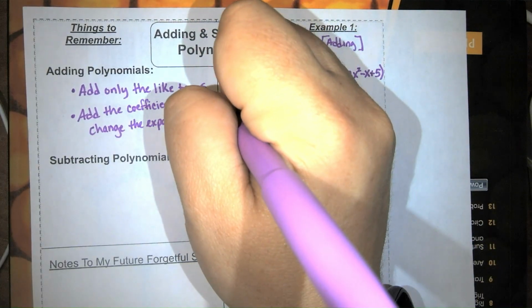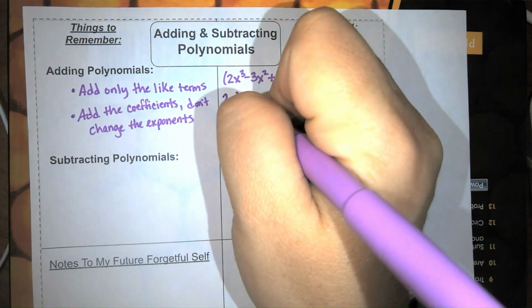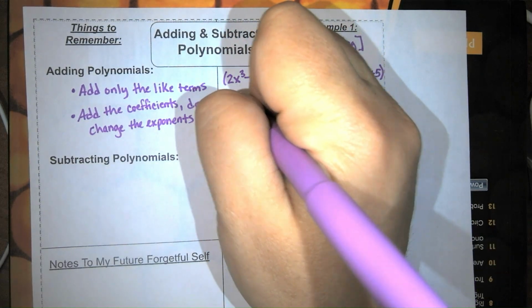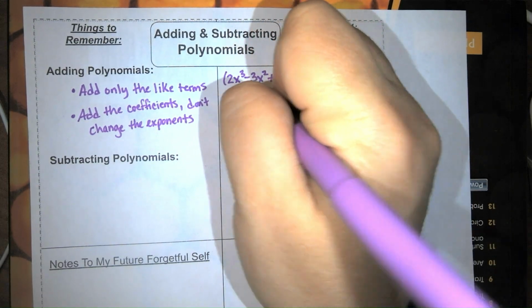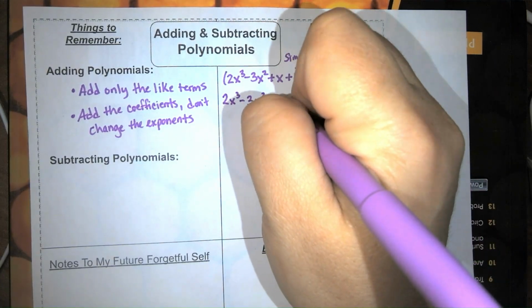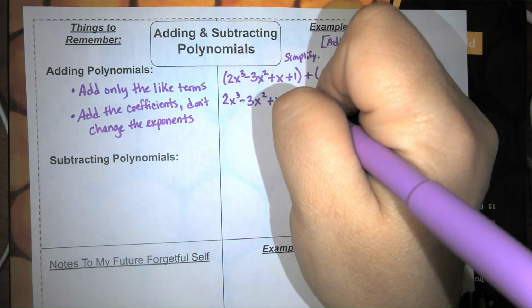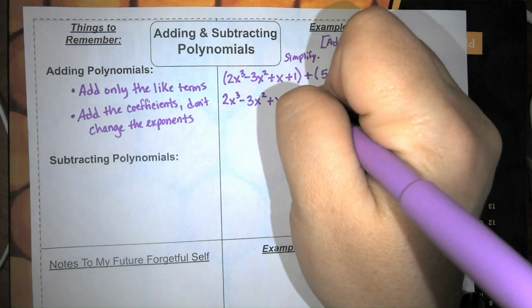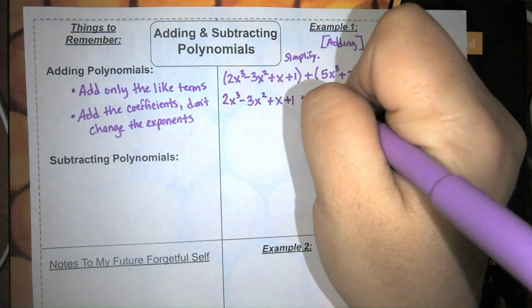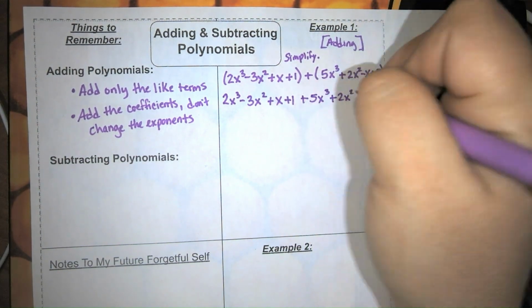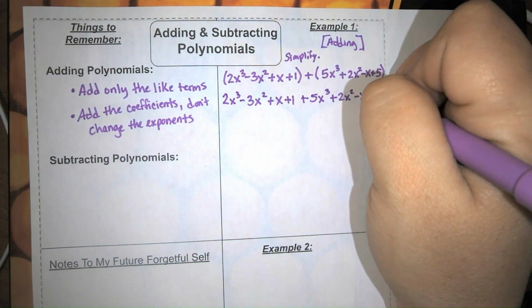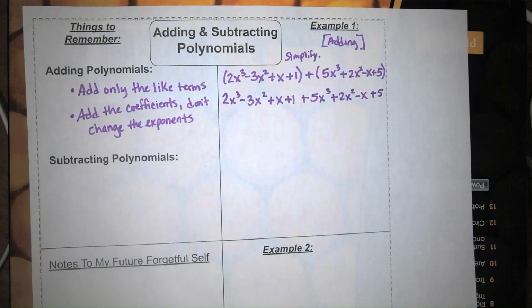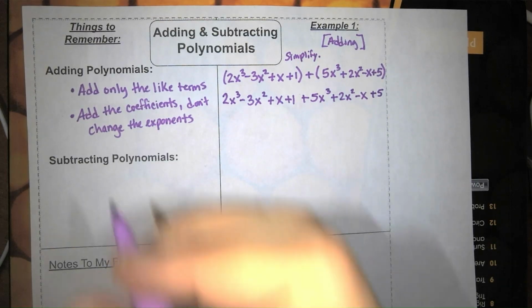So 2x to the third power minus 3x to the second power plus x plus 1 plus 5x to the third power plus 2x squared minus x plus 5. And I'm going to make a note here that says if adding, you can drop the parentheses.